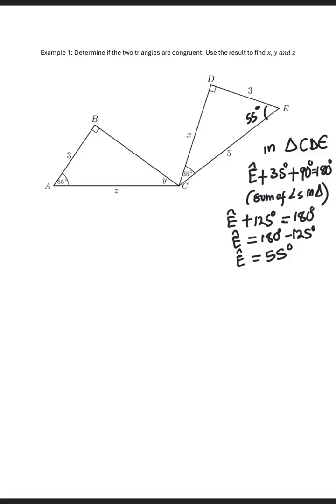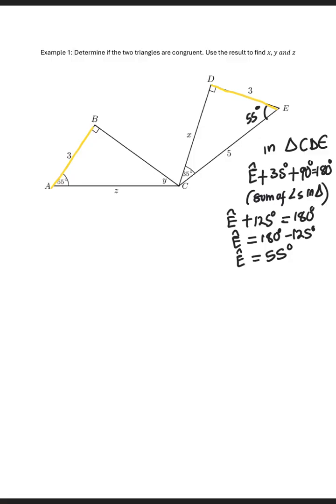Yeah. So now we have information. Now let's check if we can conclude that the two triangles are congruent, right? So what do we have? We have side AB is equal to side DE. Yes.